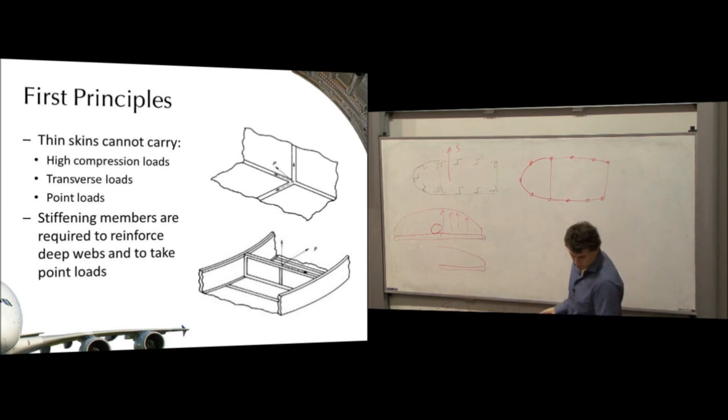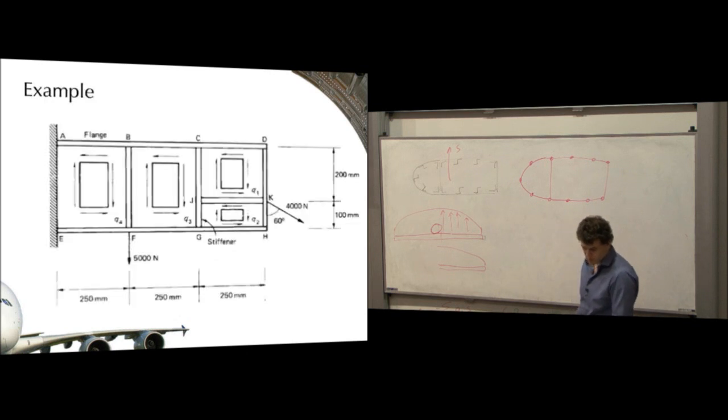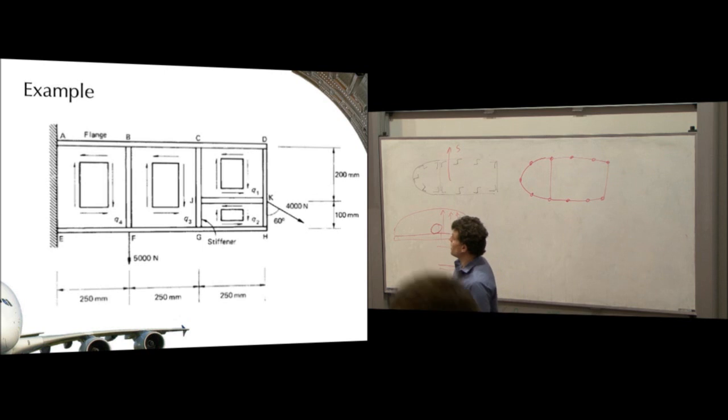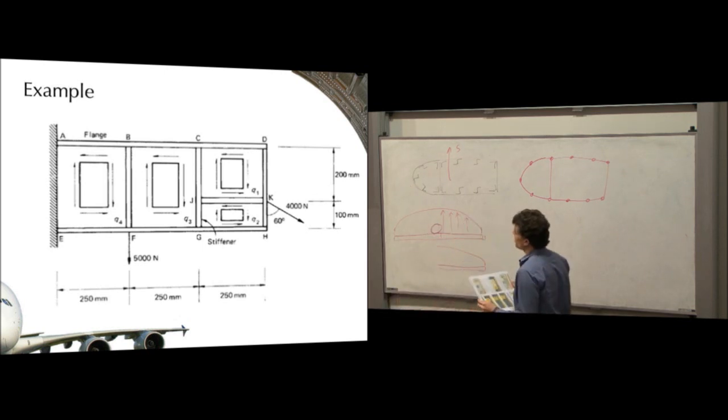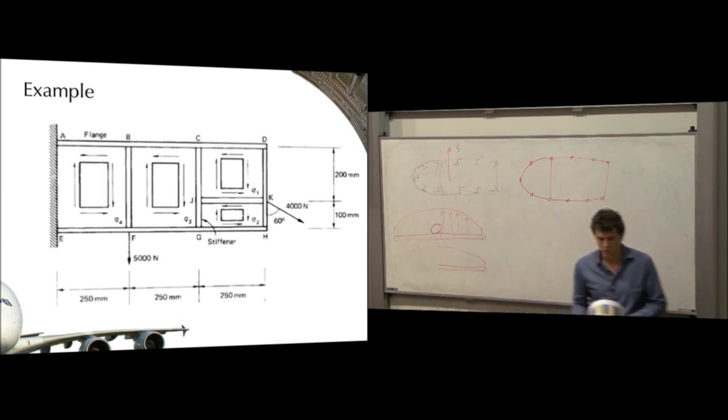So we could set up a problem like this, where this is just a deep beam at the moment, but we could imagine this being say a spar web or a rib where we've put some internal stiffening members in, and we'll see in a few weeks why we might want to put some internal stiffening members in.